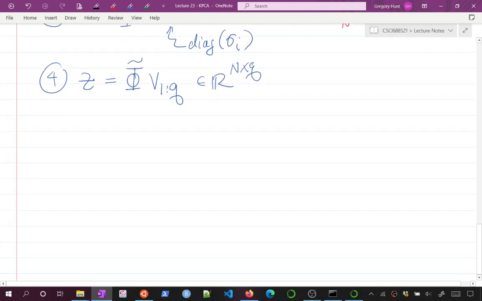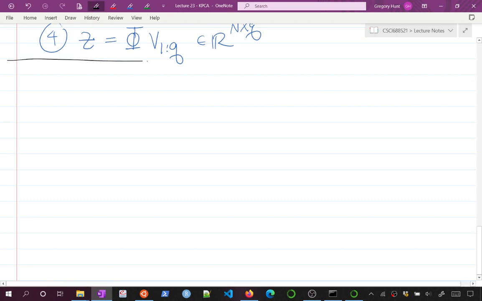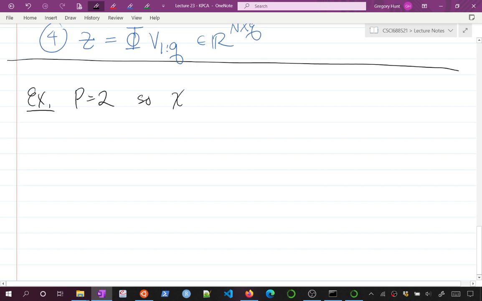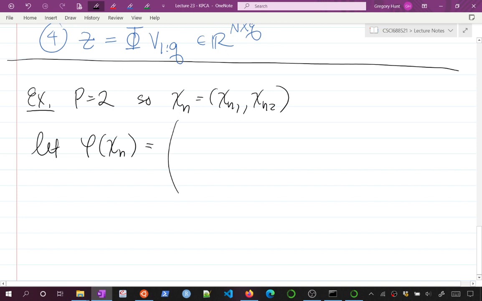So we can look at an example of how one might do this. So here, let's just say p is equal to 2. So I have 2 variables per observation. So an observation, xn, is xn1, my first feature, xn2, my second feature. And let's say phi of xn, my embedding map, is going to embed this in a 3-dimensional space.